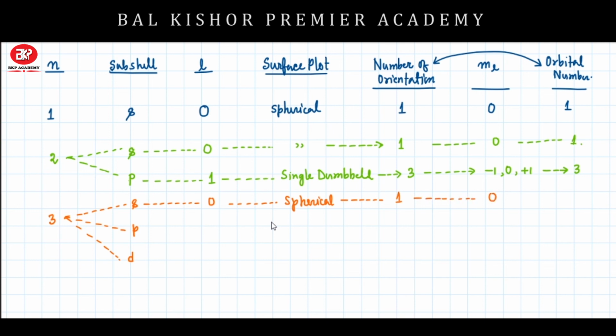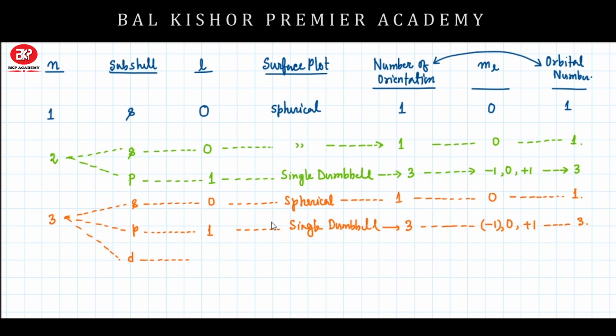That's why the ML value will be 0, and the total number of orbitals in the S subshell will be 1. Similarly, for the P subshell the L value is 1, the surface plot looks like a single dumbbell, and the single dumbbell plot has 3 orientations, so we get 3 values of ML: -1, 0 and +1. Hence, the number of orbitals will be 3.